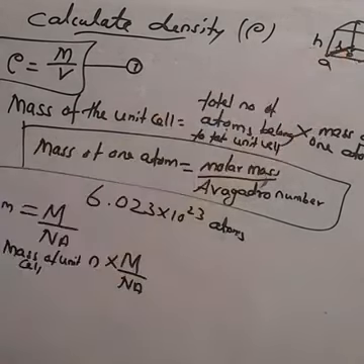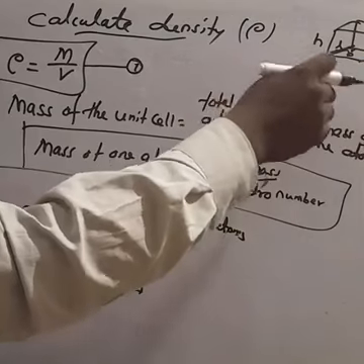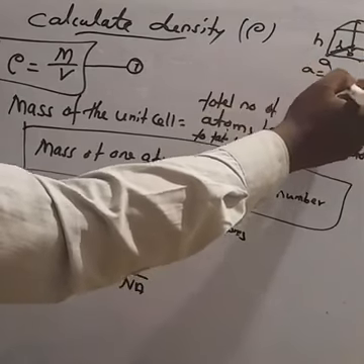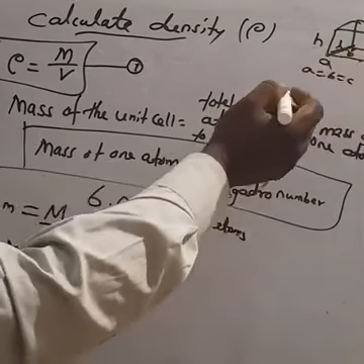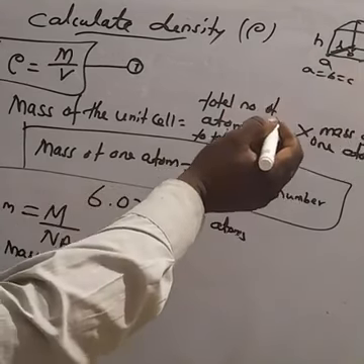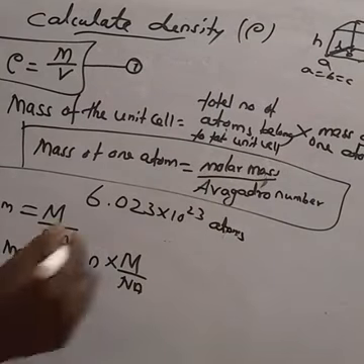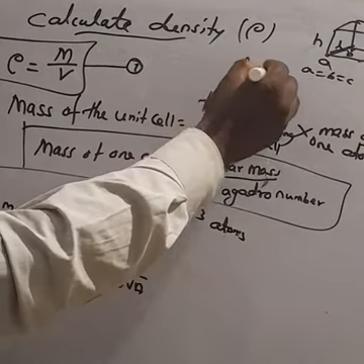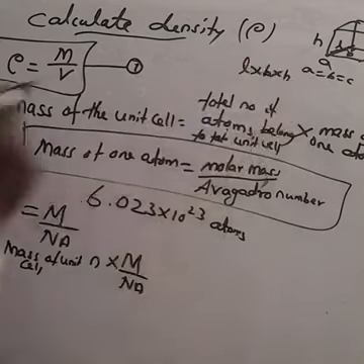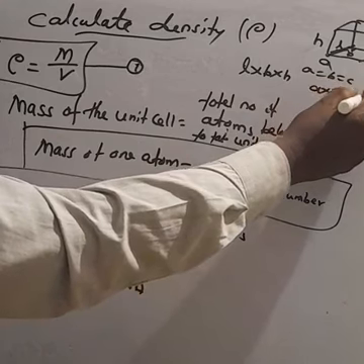Already yesterday we learned that for a cube, a is equal to b is equal to c. For a cube unit cell, all edge lengths are equal. Volume of the unit cell is equal to l into b into h, that is a into a into a, which is a cube.